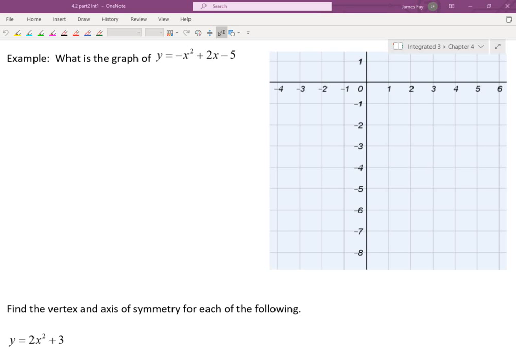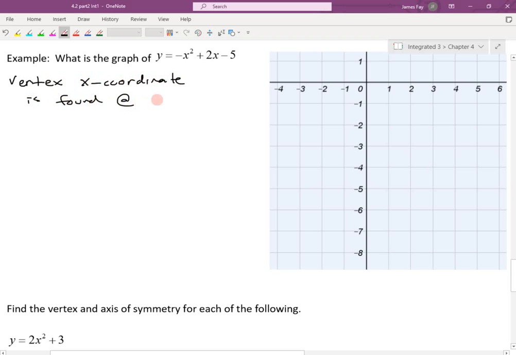Okay, so yesterday we said that the vertex x coordinate is found at x equals the opposite of b over 2a.